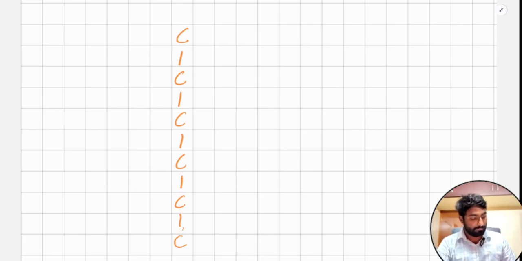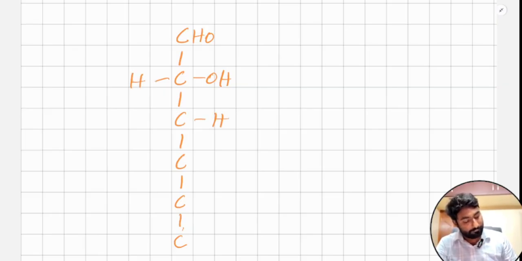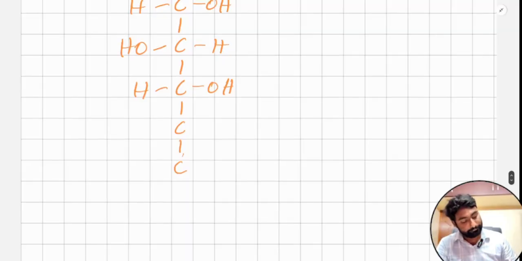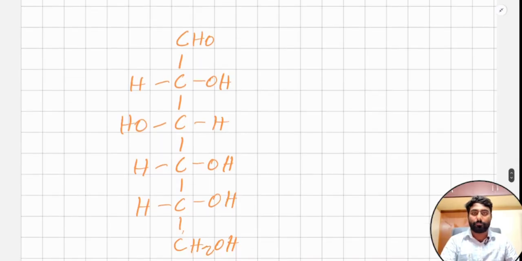Now we'll draw the structure of glucose and mannose. So this is the structure of glucose.